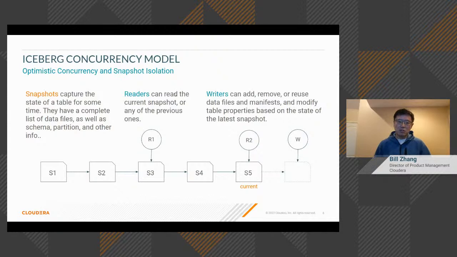The next thing that I want to talk to you guys about is the Iceberg concurrency model. Now, there are two important concepts here for consideration. The first is what we call optimistic concurrency. Iceberg supports multiple concurrent writers from different analytics compute engines using an optimistic concurrency model, OCC, also known as optimistic locking, which assumes that multiple transactions can frequently complete without interfering with each other while running without acquiring locks on those resources.